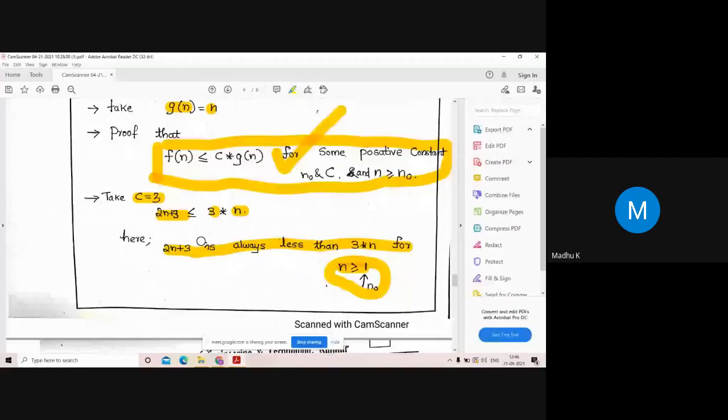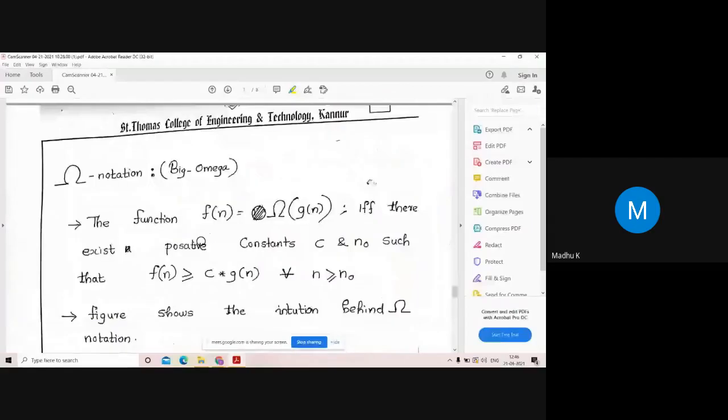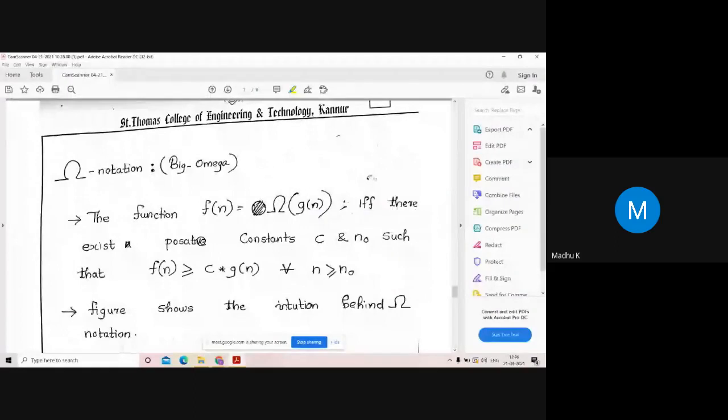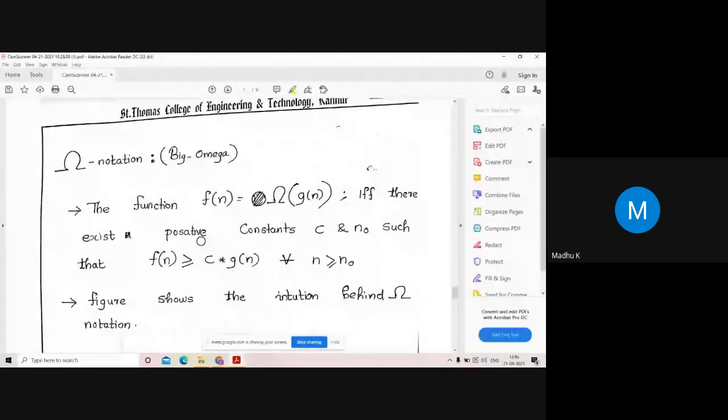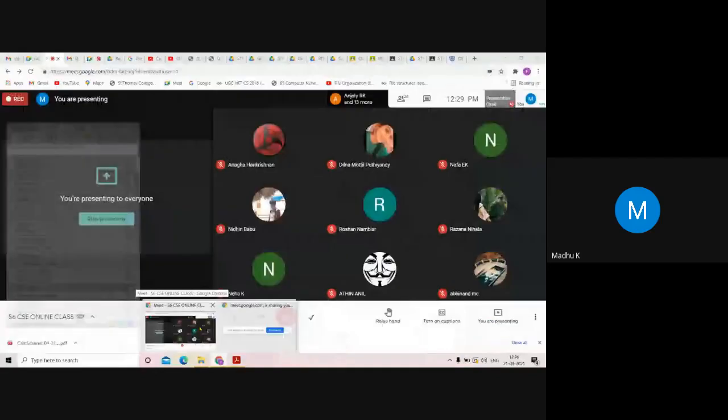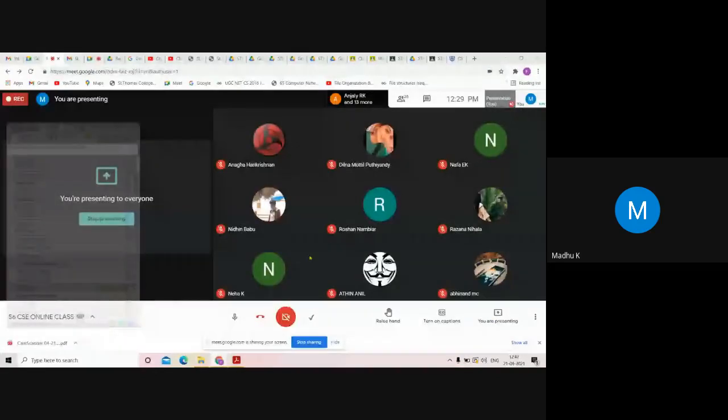Next, we are moving to the big omega notation. So what is big omega notation?